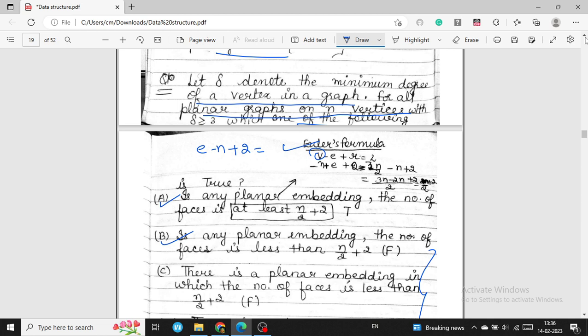When we take the LCM, we find n plus 2 over 2, and you can separate it as n by 2 plus 2.